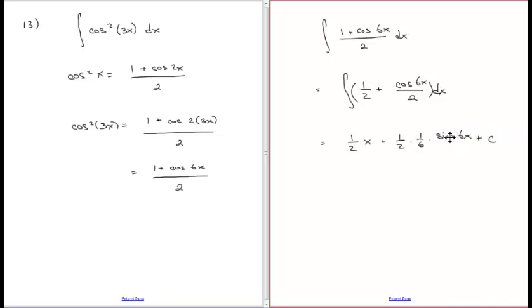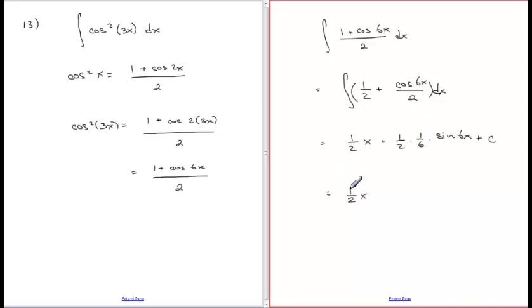And you can always check it, because when you take the derivative of the sine, you get the cosine of 6x. Then you have to take the derivative of the argument, the derivative of 6x is 6, so the 6 will cancel out, and you'll end up back where you started.